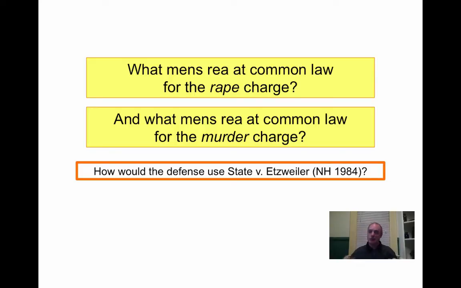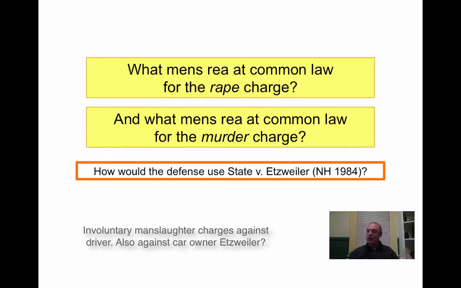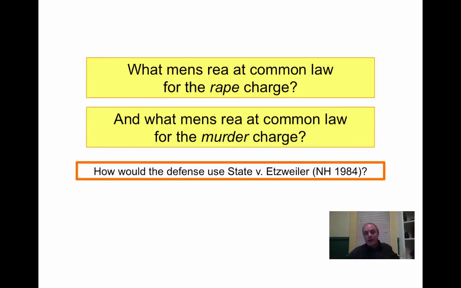case. Remember, in Etzweiler, the defendant has a drunk friend who says, give me your keys, I want to drive. And so he says, sure, here are my keys, hands his keys over, the friend goes out and drives and, of course, kills someone. Is Etzweiler an accomplice to homicide? The court ends up saying that there's no criminal liability for this defendant on an accomplice theory because of our old friend elevation of mens rea.